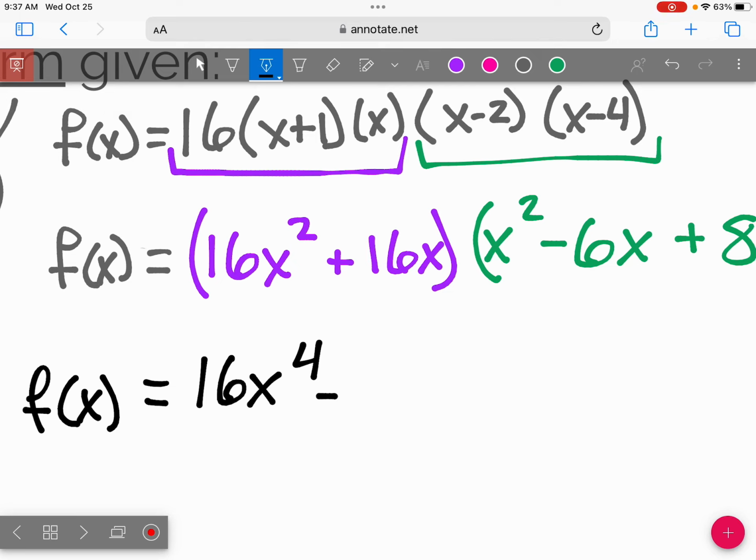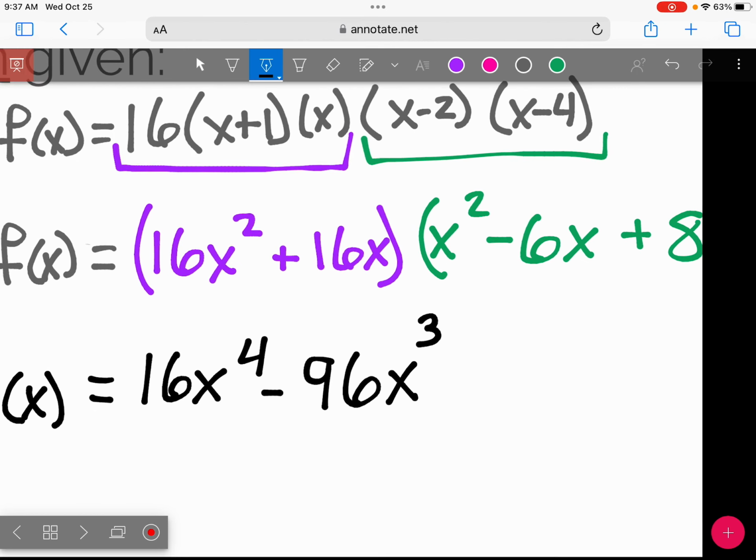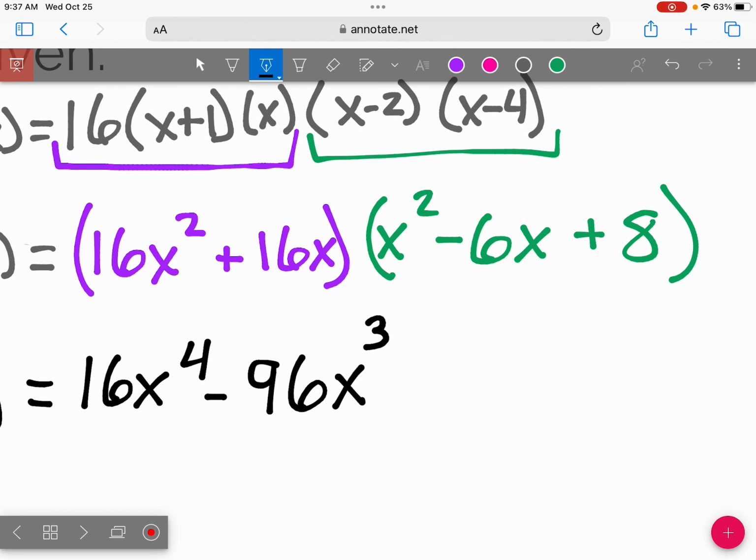And we are going to have some really big numbers. 16x squared times negative 6x is negative 96x cubed. 16x squared times 8 is 128x squared. Luckily, our coefficients between both of our left terms are the same, so we don't have to redo the math. We love that. It's just different variables.